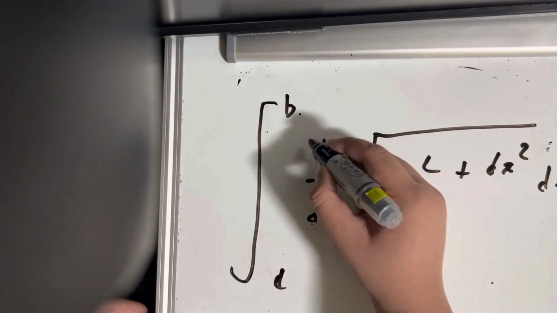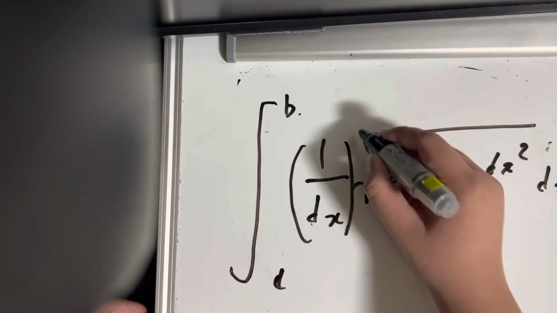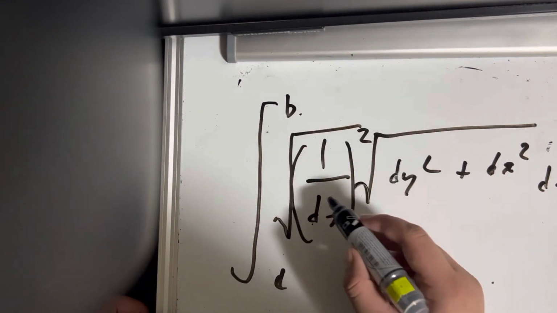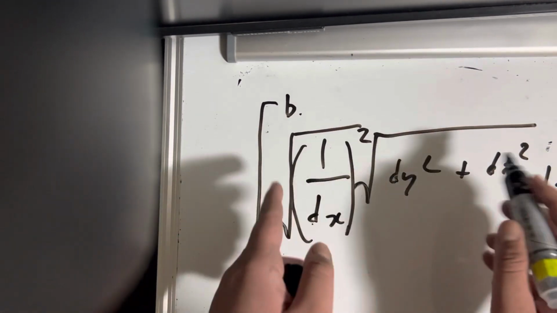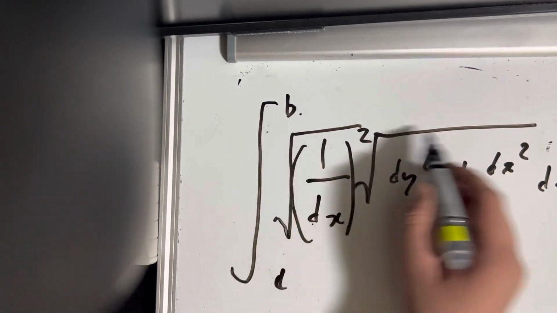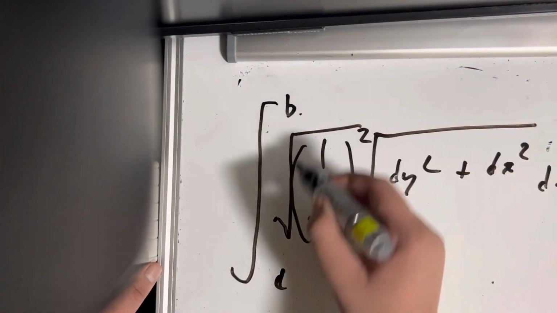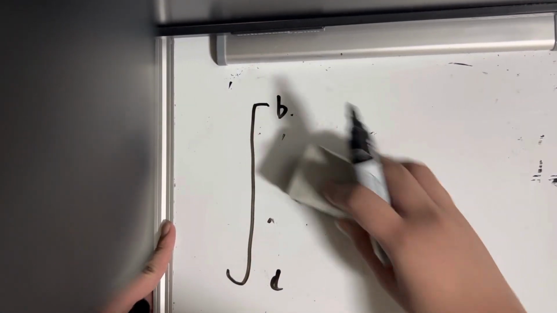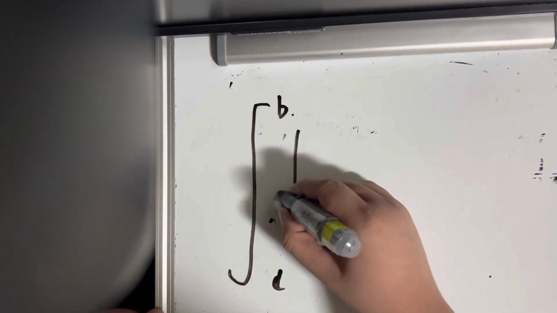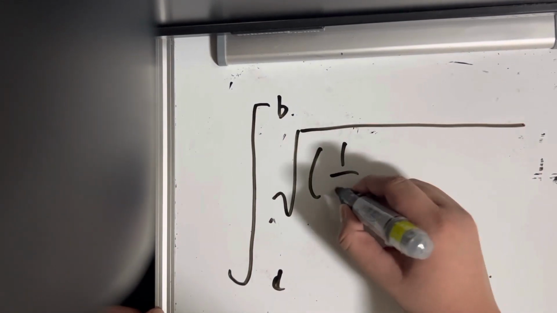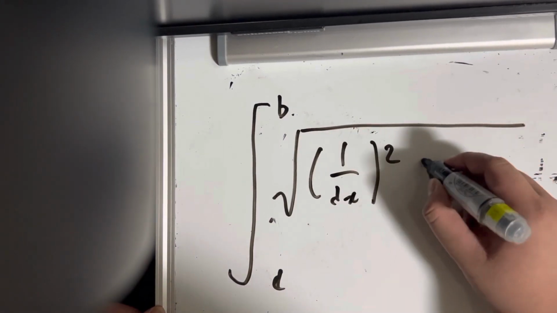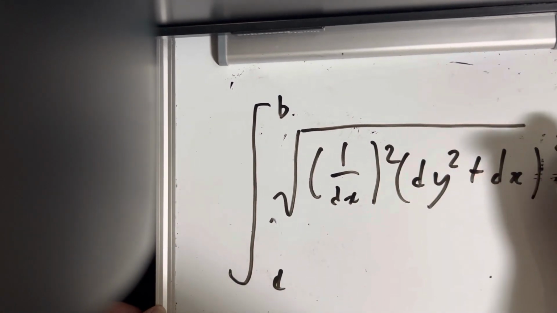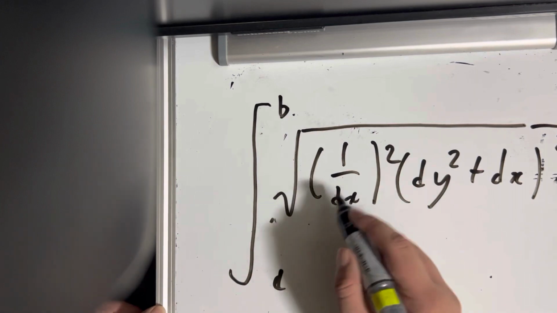Now, if I square this whole thing and I square root the whole thing, it makes no difference, right? That means I can join these together under one square root radical sign, by the nature of how square roots work. So I can combine them by having the square root of 1 over dx squared multiplied by dy squared plus dx squared.